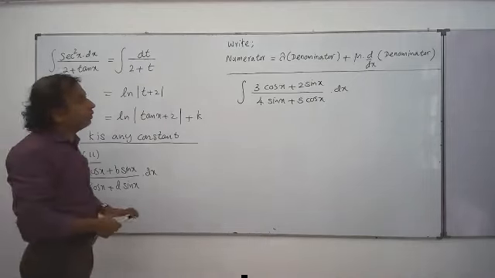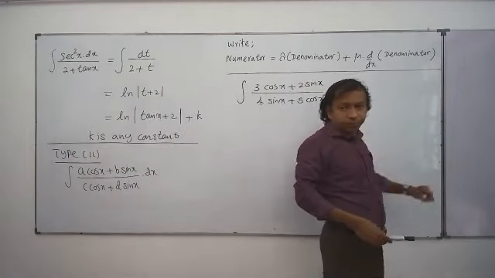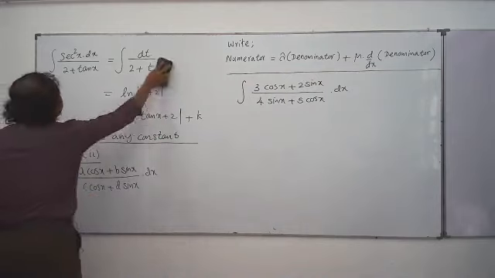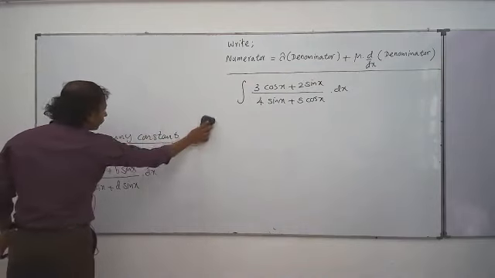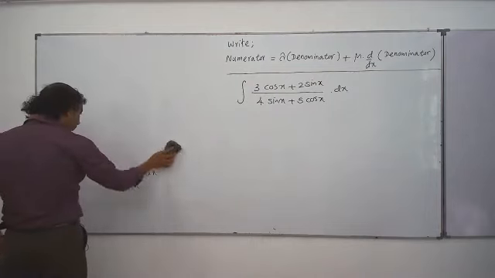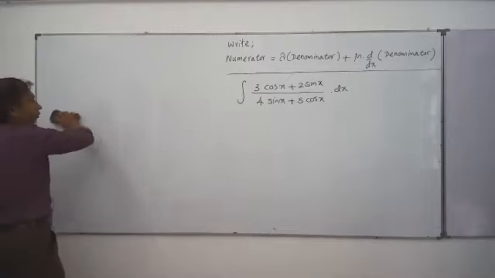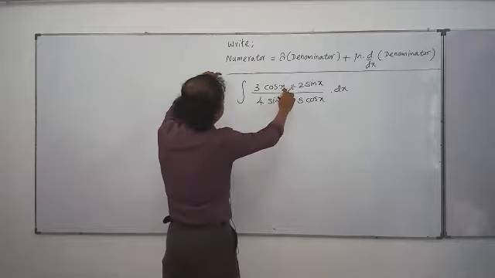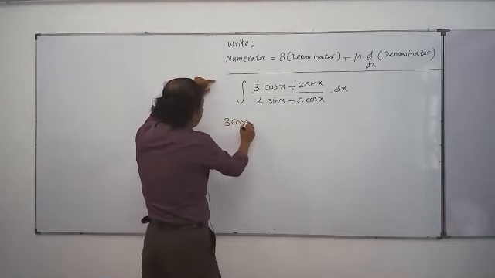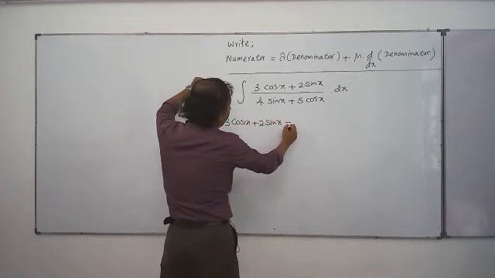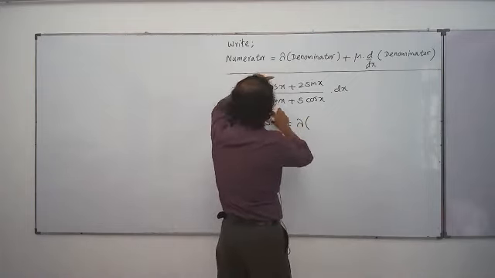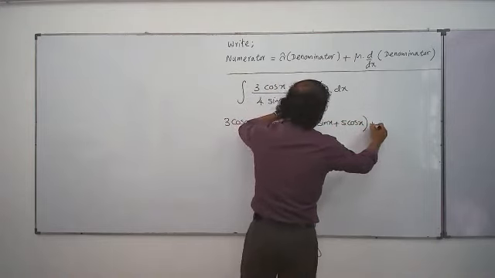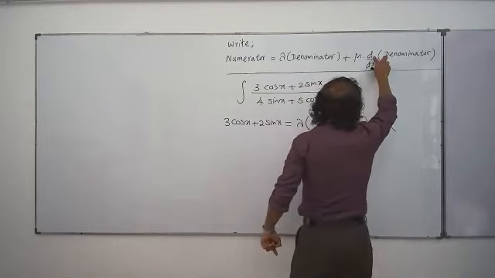First we write the numerator: 3 cos x plus 2 sin x is equal to lambda times the denominator, 4 sin x plus 5 cos x, plus mu times the derivative of the denominator.